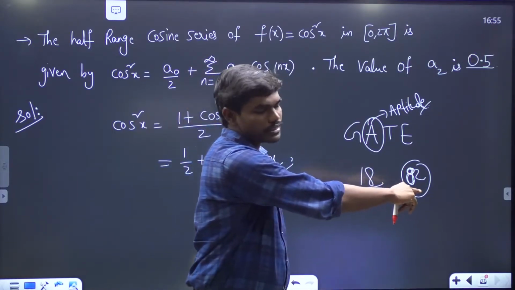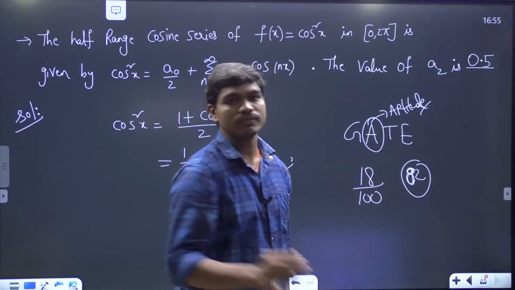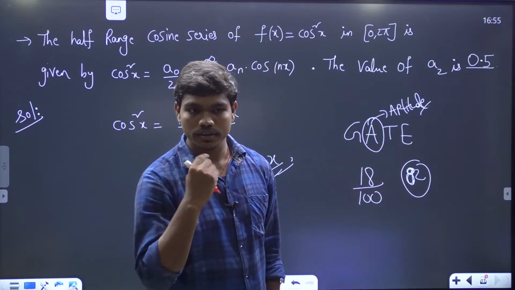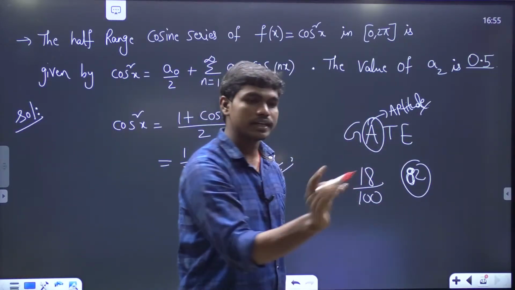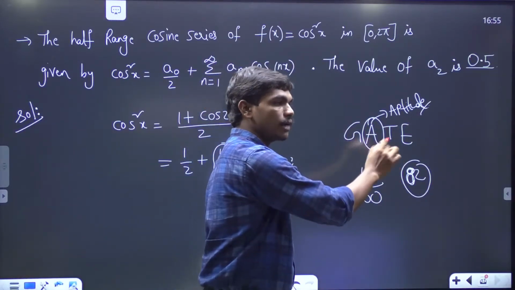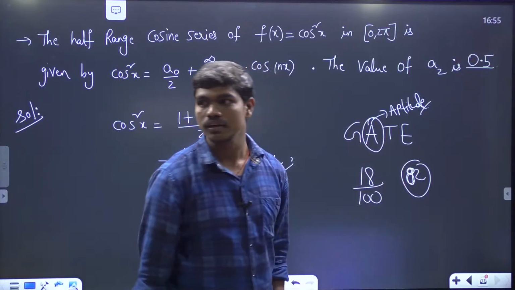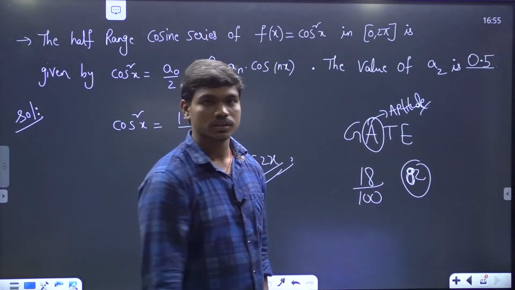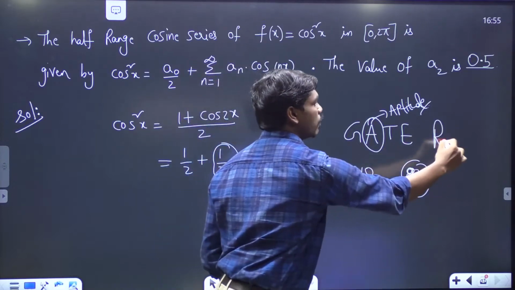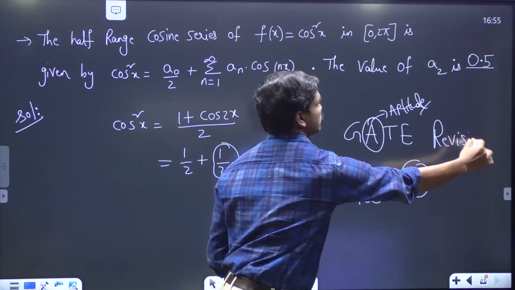Out of these 82, definitely more than 50 people will be very intellectual. When I'm teaching, they'll solve the question by the time I write the ending of it, and they'll tell the answer as soon as I finish writing the question. But they don't qualify the GATE exam. This is because they don't have one important thing called revision in the GATE exam.